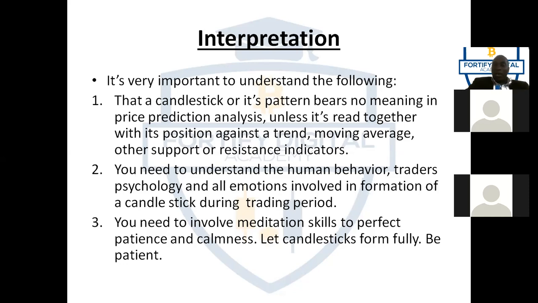Any candlestick can appear anywhere. Don't take it seriously unless it is well positioned. Then you also need to understand the human behavior, the emotions that are involved when trading is happening. What causes the formation of those candlesticks?